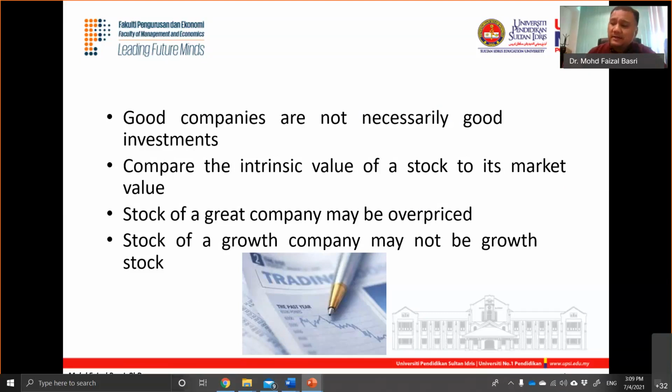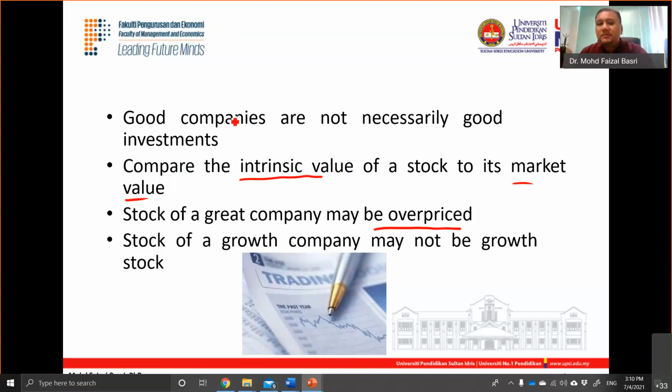Even though a company with high net profit is a good indicator, sometimes it is not the case, because the company's price can be overpriced, as I said earlier. Because of high demand for certain stocks, the price may be higher than the expected value. So before you decide to invest, you need to compare the intrinsic value versus the market value or market price.